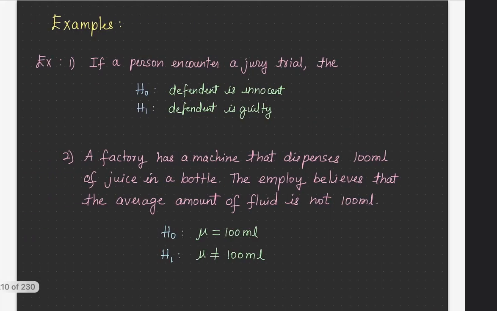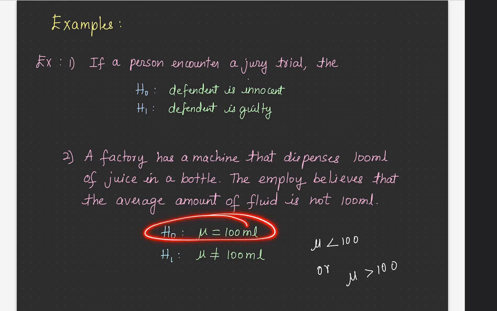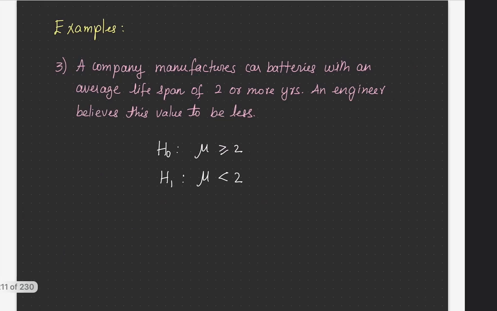This means that if from the sample data you are able to prove that mu is less than 100 or mu is greater than 100, then we can reject this null hypothesis and support this alternate hypothesis. But in this case, sometimes it can be just this one as well.